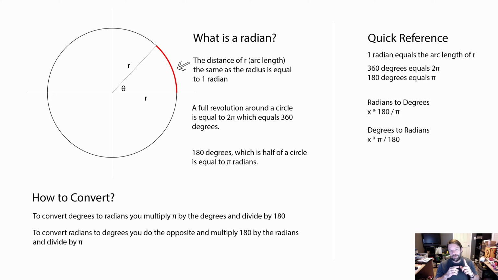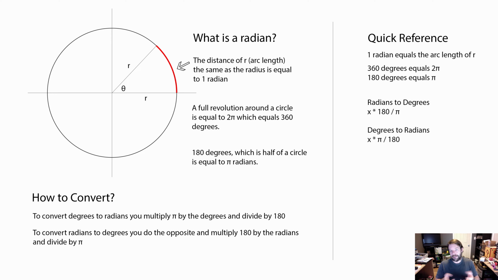Okay? So if we go all the way around, we'll have 2 pi radians, which is also equal to 6.28. A full revolution around a circle is 360 degrees. So 2 pi, a full revolution around a circle in radians, equals 360 degrees if we used degrees instead of radians.